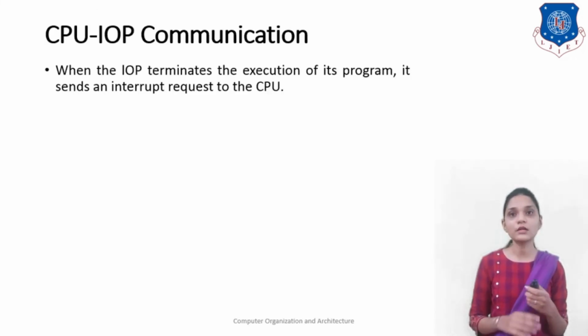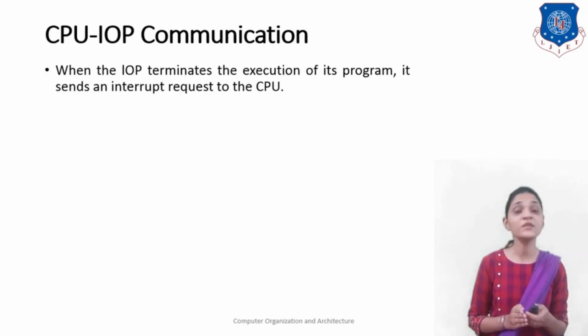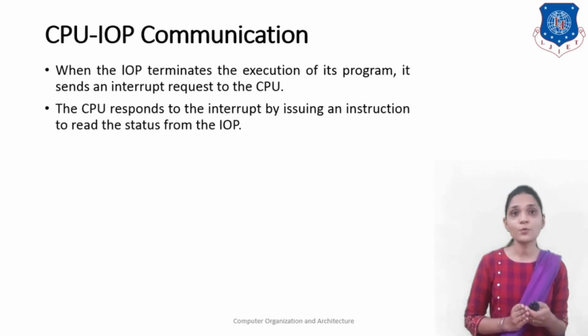Here we have to consider that when the IOP terminates the execution of its program, it sends an interrupt request to the CPU. The CPU responds to the interrupt by issuing an instruction to read the status from the IOP.